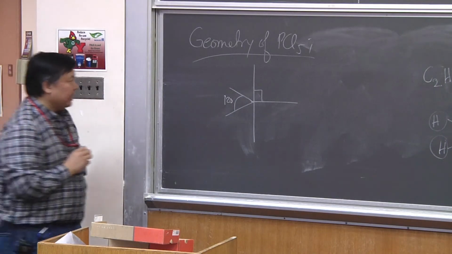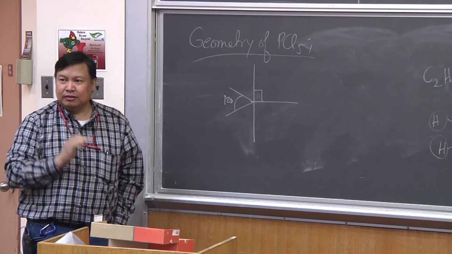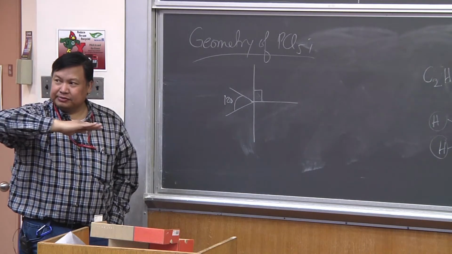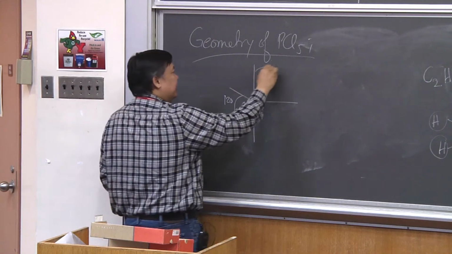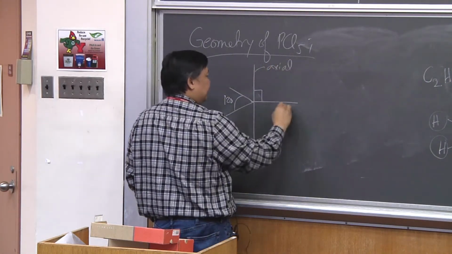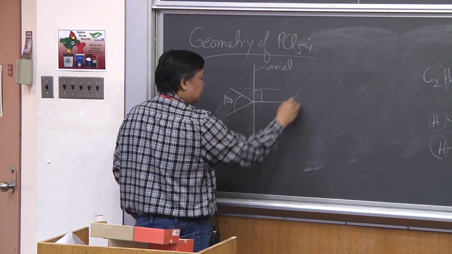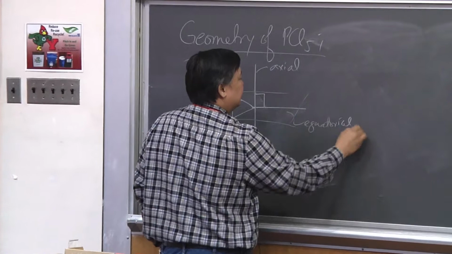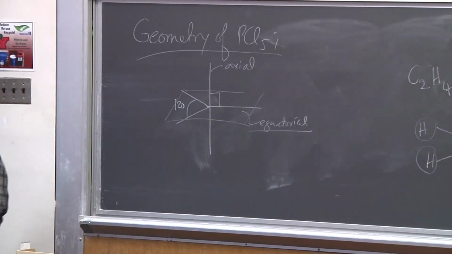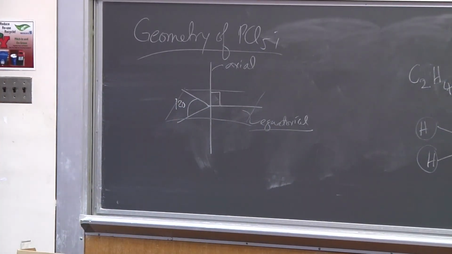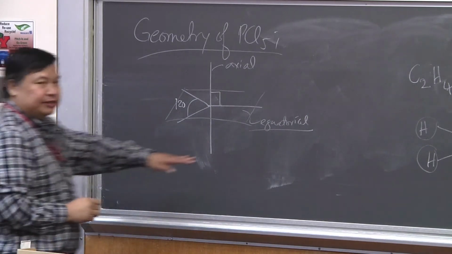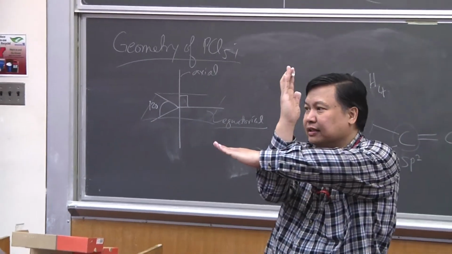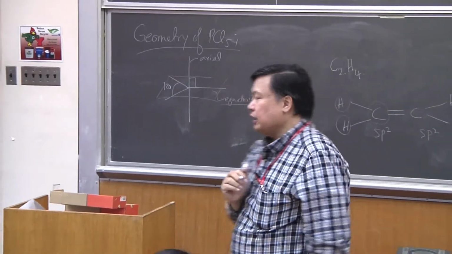So in fact, you'll now have 2 different bonds, one going this way and another going this way. We refer to that as the axial, and these guys over here would be your equatorial. Good so far? This one is equatorial, and here are your axial positions.